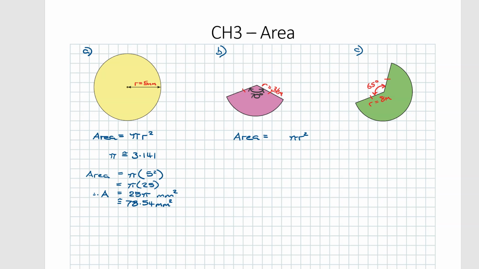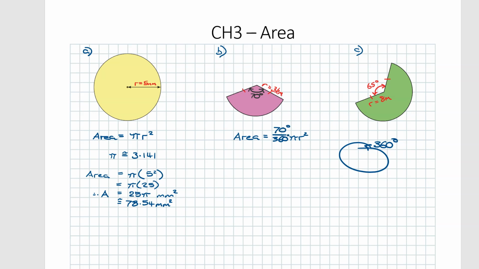The way in which we can do that, we've got this measurement here of 70 degrees. We're going to say that we're taking a ratio of the circle. Usually a circle itself has 360 degrees in it, so we're going to say 70 degrees divided by 360 degrees.